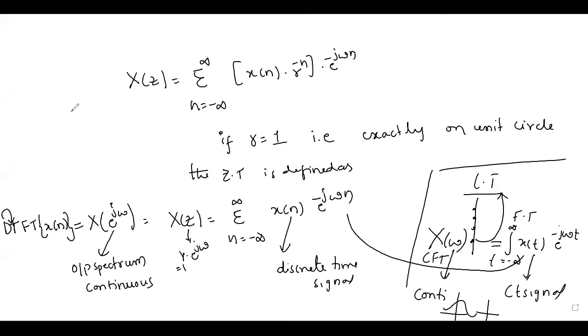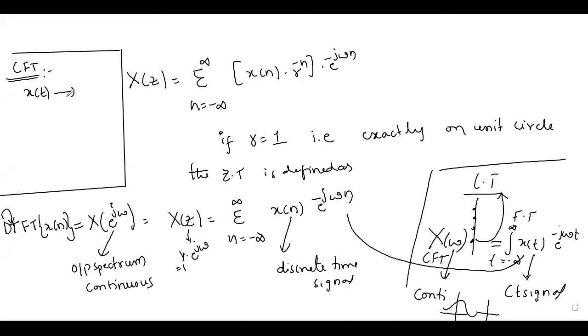Important, this basic difference. Listen here now. Continuous Fourier transform, whatever we discussed first, that is x of t, Fourier transform, X of omega. So this is a continuous signal, and this is a continuous spectrum.